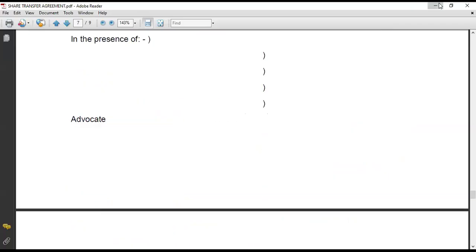But there is another second bit, called allotment, to this question. Because you see, the directors are going to transfer 5 shares to David, and the company will allot. So that is the second bit of this question.